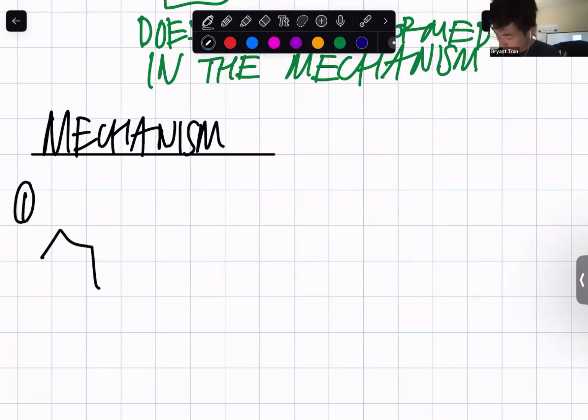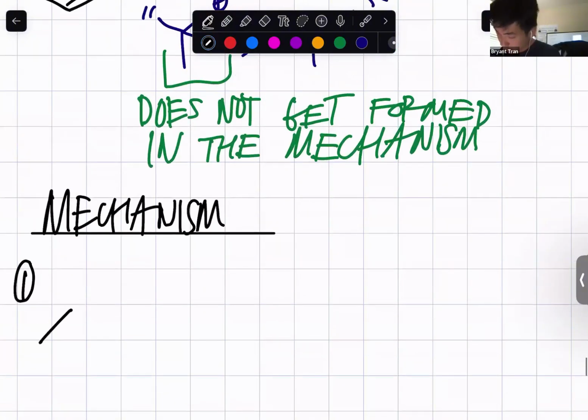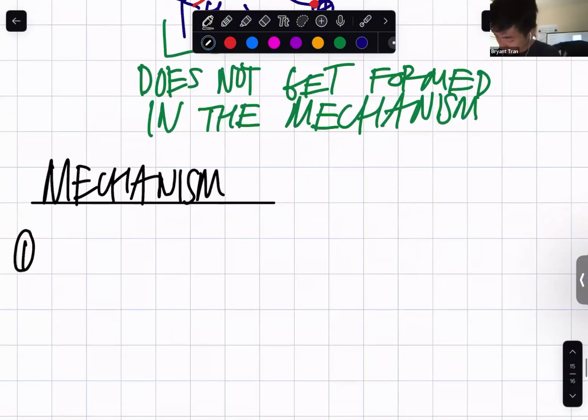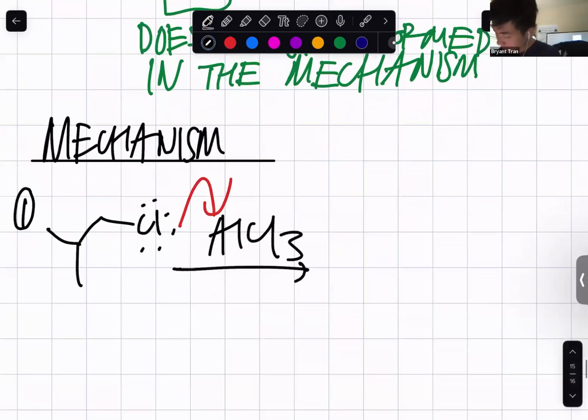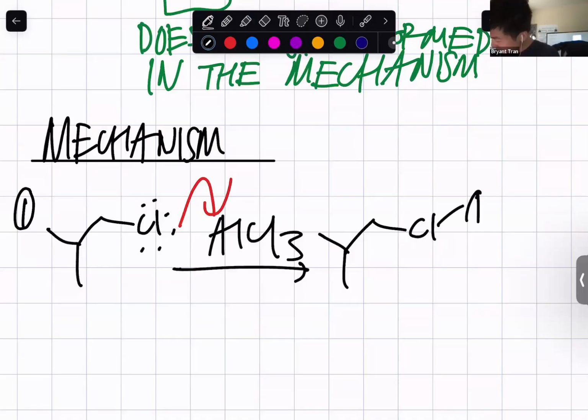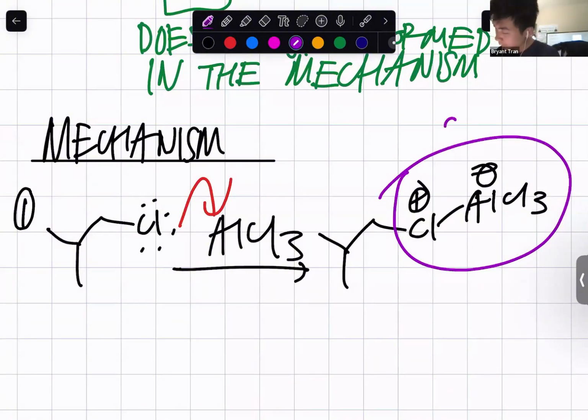So we will have this alkyl halide, this metal Lewis acid catalyst AlCl3. The chlorine attacks that aluminum, forming this intermediate, and we have our good leaving group.